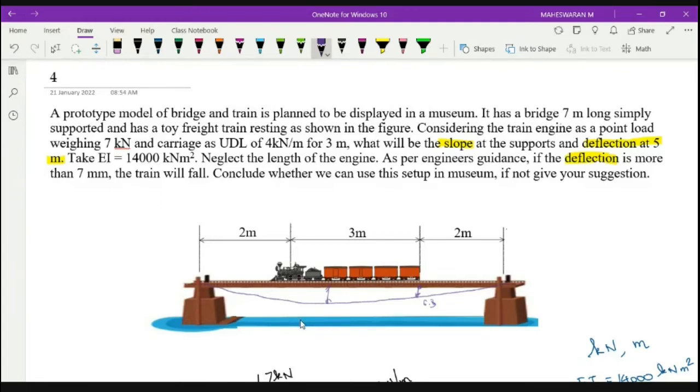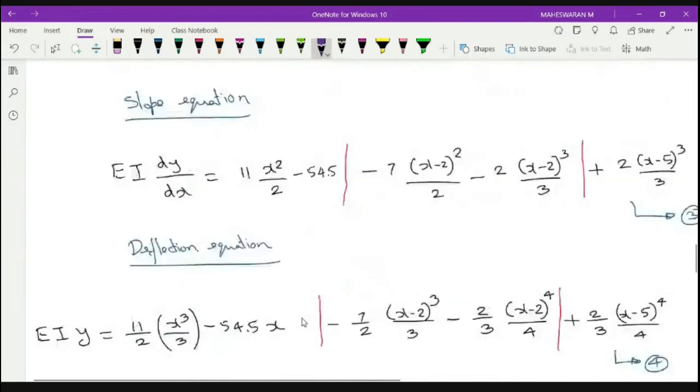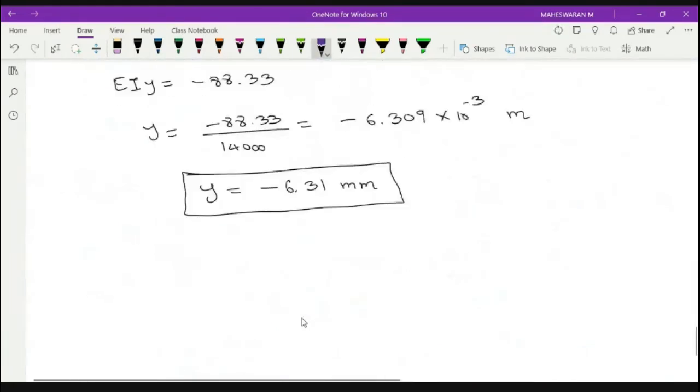So in that case, the problem is not over. You have to identify what is the maximum deflection. Let us identify it. When will your deflection be maximum for a simply supported beam? For a simply supported beam, the slope should be 0.